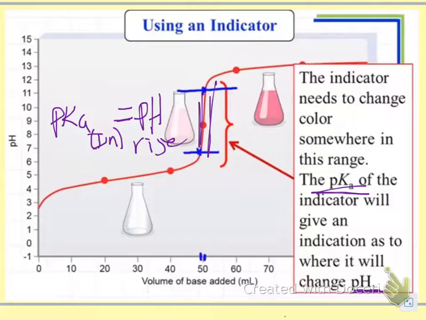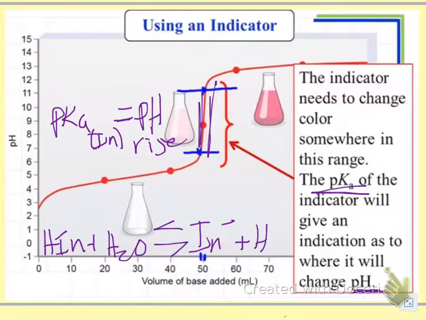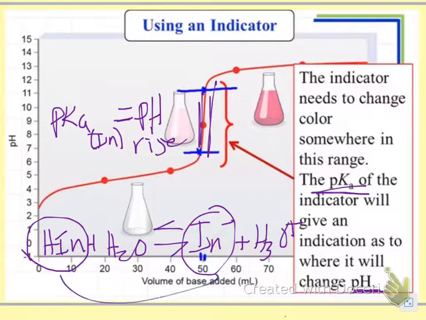Okay? So why does that work? Well, before we even do that, if we're talking about this equation, where I have the indicator HIn in equilibrium with the indicator ion, if you are at a point where you have both of these things present, you essentially have a buffer.